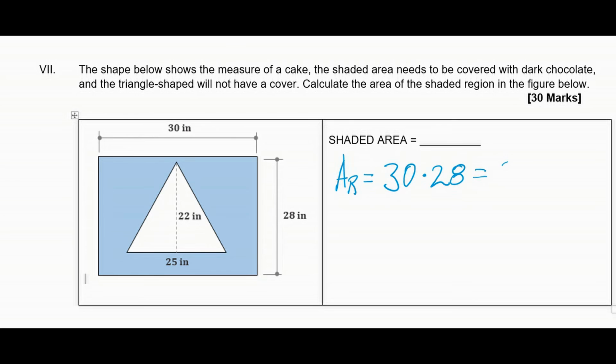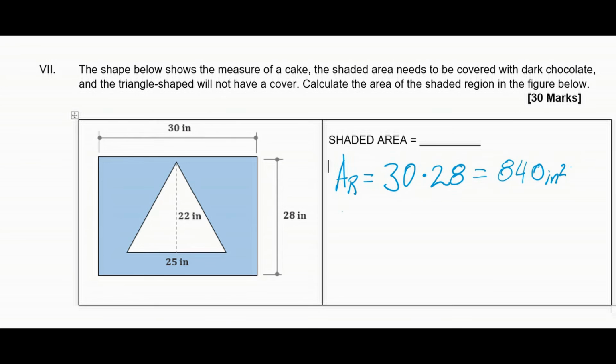So this is 840 what? 840 square centimeters. I'm sorry, square inches. Everything is given in inches. So square inches, because we are talking about area. Area is given in square units.